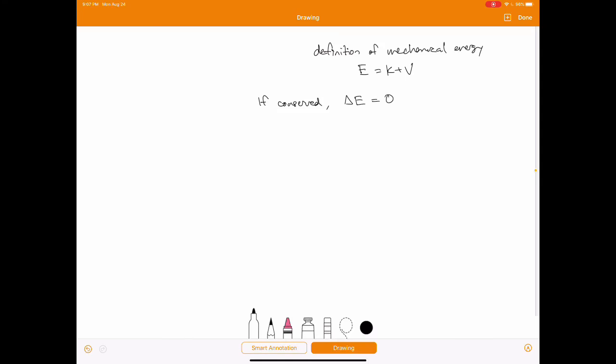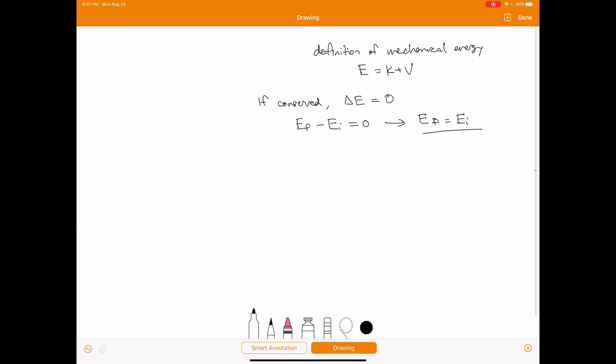That makes sense. It's not changing. So when we see delta E, that's just E final minus E initial. So if that's equal to 0, then E final is equal to E initial. So that's one way to state the idea that mechanical energy is conserved.